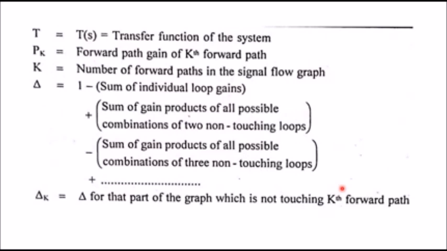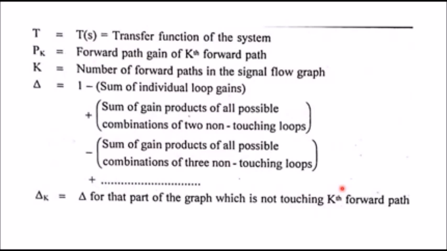T is the transfer function of the system, and pk is the forward path gain of the kth forward path. Kth means first forward path, second forward path, third forward path. It depends upon the signal flow graph. Some signal flow graphs contain only one forward path, but some contain more than one forward path. So depending upon the forward path, the k value changes.